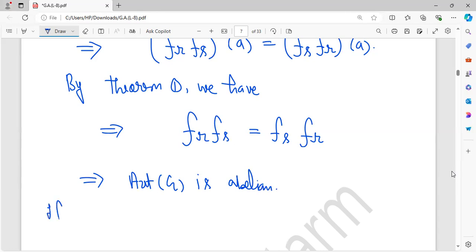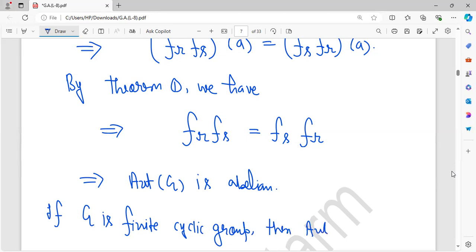So this implies the automorphism group of G is abelian. If G is a finite cyclic group, then the automorphism group of G is abelian.